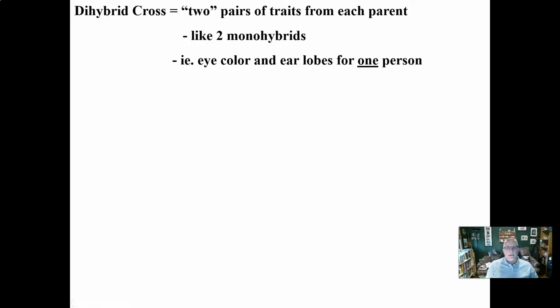So, again, as I said earlier verbally, an example could be like eye color and earlobes for one person. We have two different traits, eye color and lobe type. Normally, if it's a monohybrid, it'd be one or the other, but now we're going to combine the two together. Di refers to two.